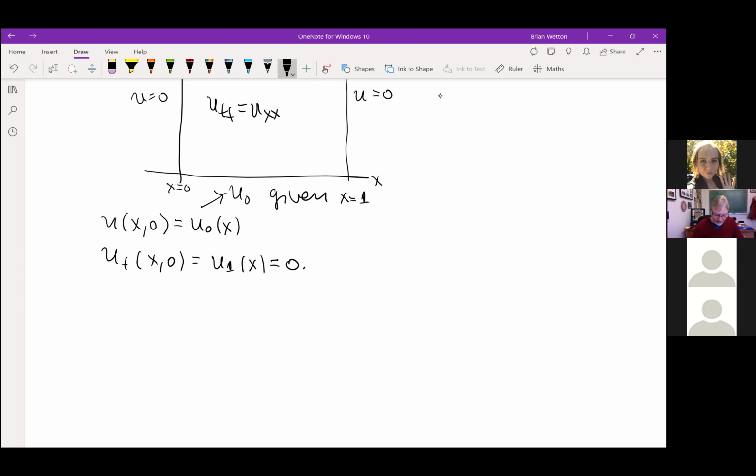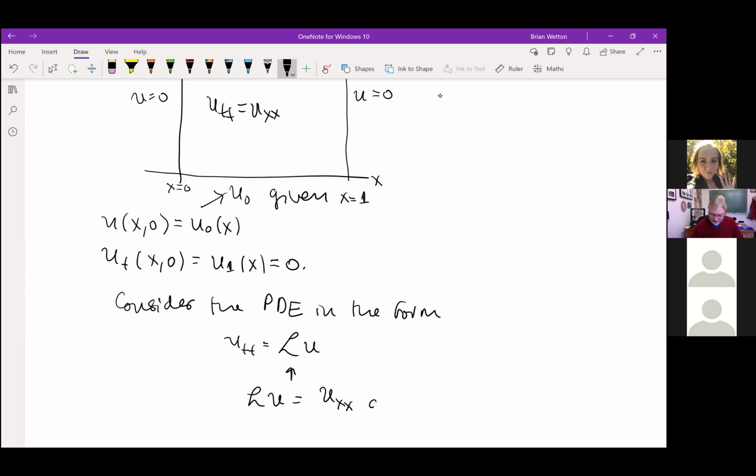So we're going to consider the PDE in the form u_tt is this boundary value operator, where this is the second derivative, and boundary conditions with the two homogeneous Dirichlet conditions that we've had before.